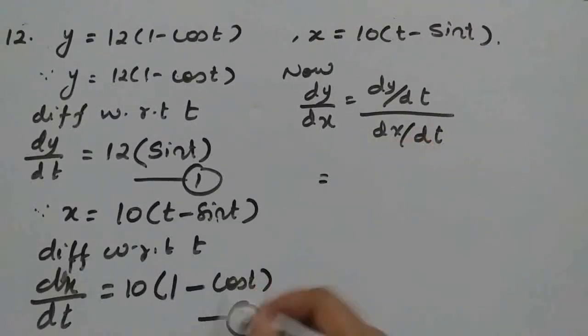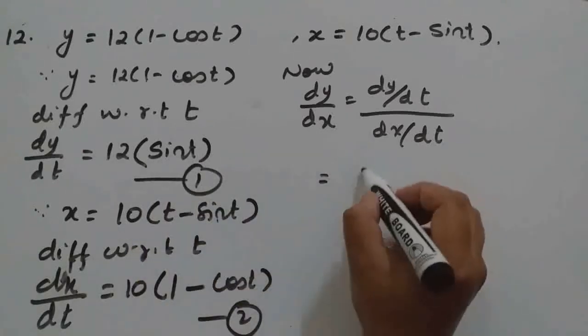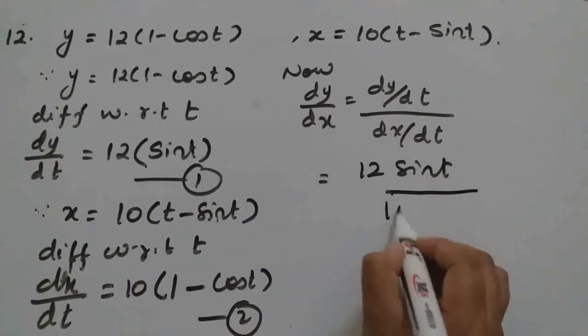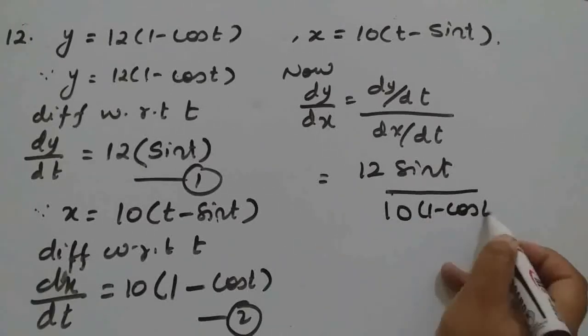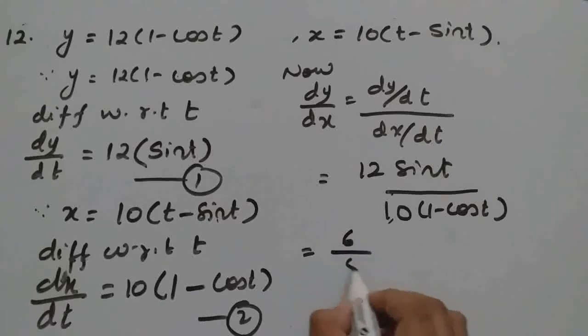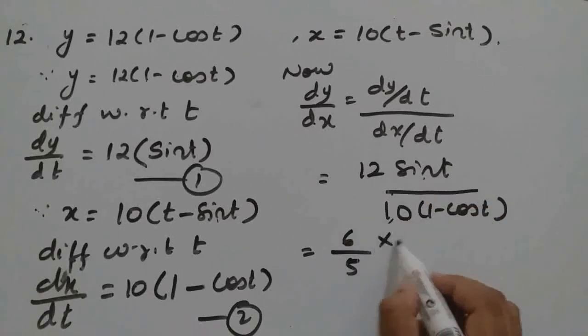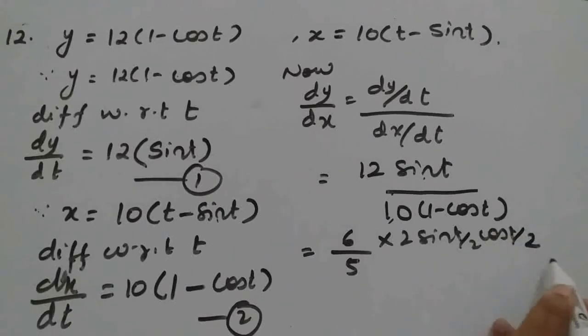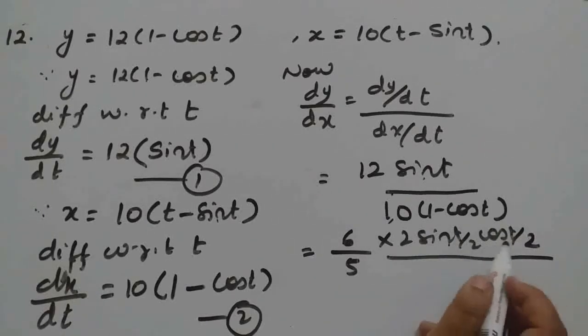So from 1 and 2 we will substitute the value. So this is 12 sin t divided by 10 times 1 minus cos t. So here from 2 we can cancel 6 by 5, and this sin t we can write 2 sin t by 2 cos t by 2. Angle is t, so angle here it will be t by 2.